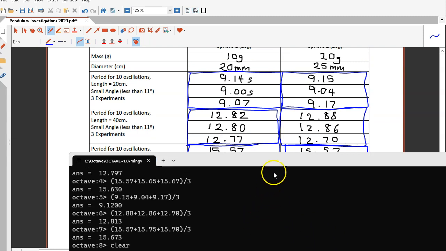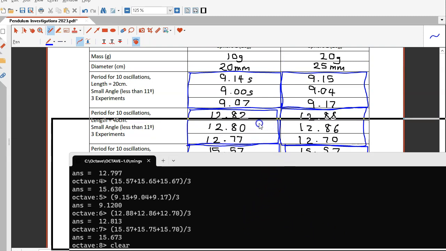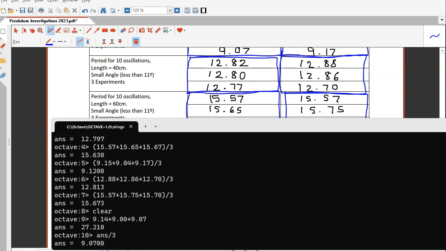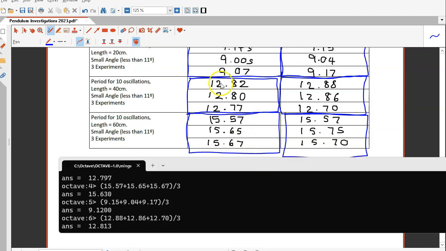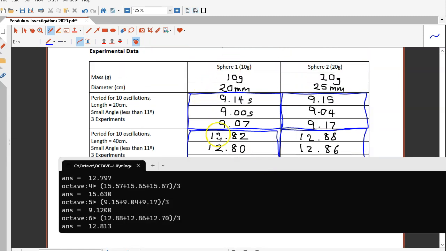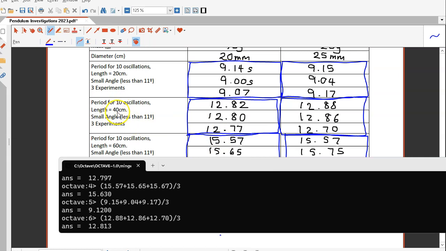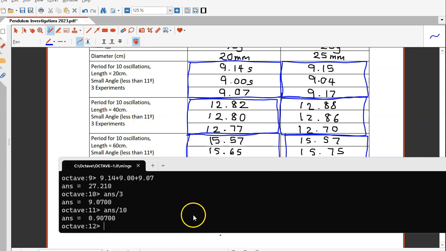So for example here, let me just arrange this a little bit better. Let's do now the 10 gram sphere, but this time for 40 centimeter length. I'm going to speed it up by using parentheses to add the numbers together. So 12.82 plus 12.8 plus 12.77.